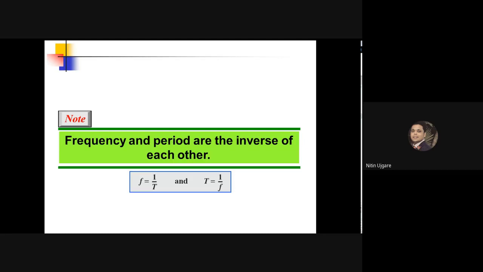So we can say that frequency is the inverse of period, or period is the inverse of frequency. Mathematically, f is equal to 1 divided by T, which represents frequency as the inverse of period, and capital T is equal to 1 upon f, which represents the period as the inverse of frequency.